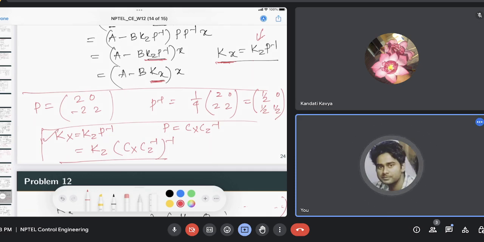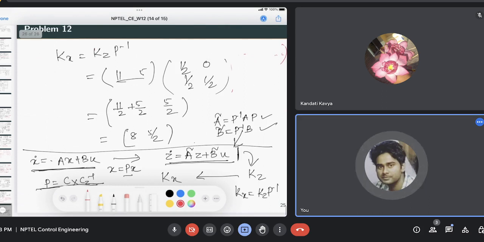So you are given the x domain in any representation of the state space. You know that for higher dimensions the design will not be trivial by the direct method, so you transform it to the controllable canonical form. The transformation can be easily obtained by the P matrix, by writing the controllability matrix in both cases.